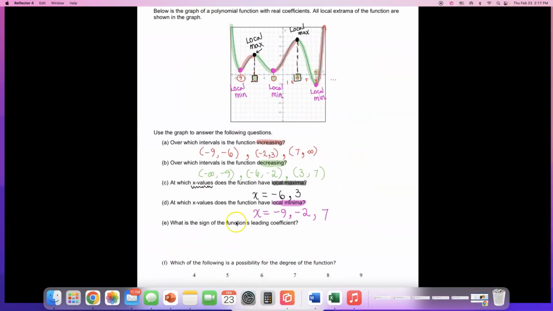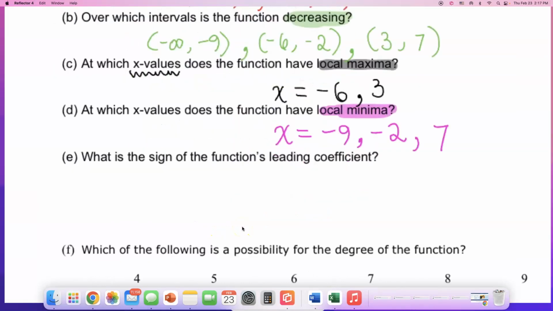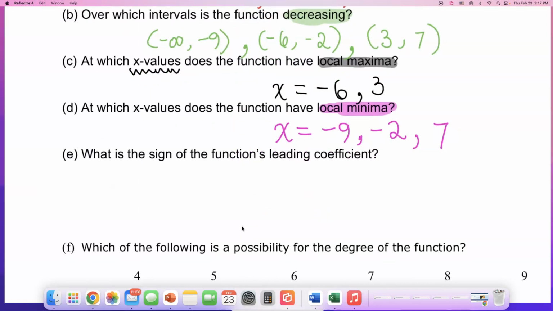It says, what is the sign of the function's leading coefficient? Whenever you want to find the sign of a leading coefficient, you must look at the right end behavior.